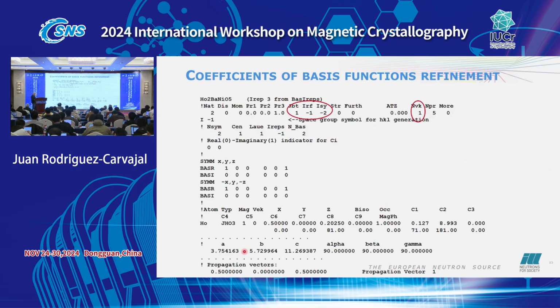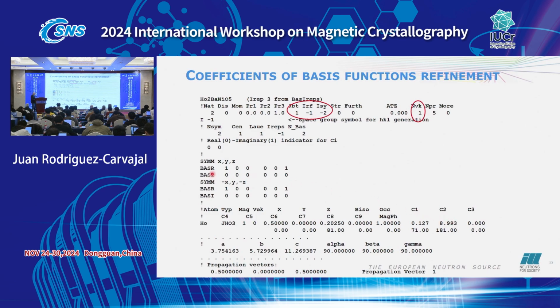Here is the aspect of the PCR file, and this is what you get automatically when you use irreducible representation. Here we have two basis vectors corresponding to this. These are corresponding to a particular position of Holmium here in that case, and here you have a C1, C2, C3, and you refine that.